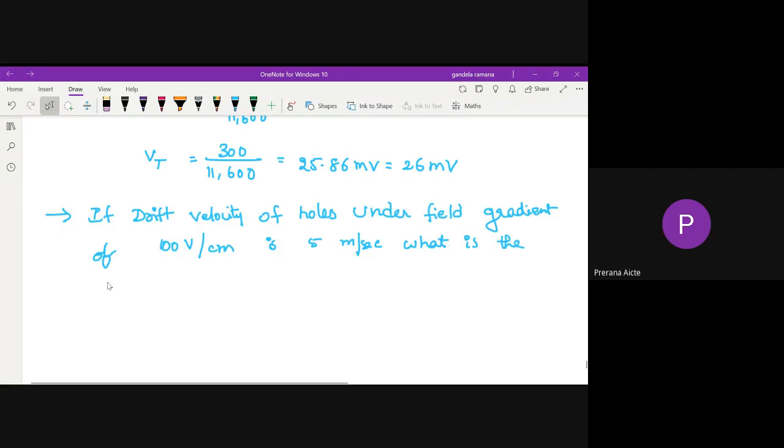So this is the question. What is the mobility? Here we want to find out mobility.